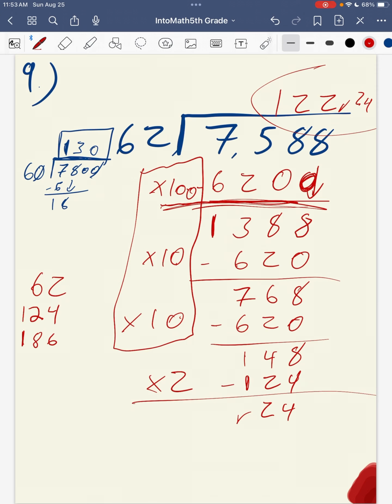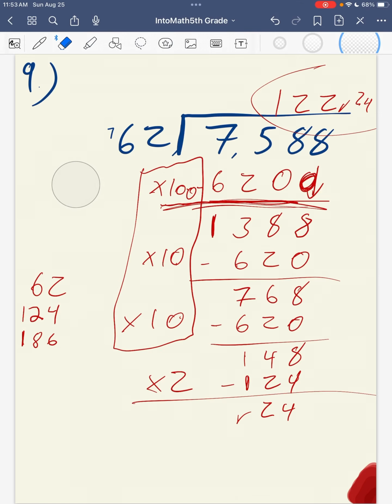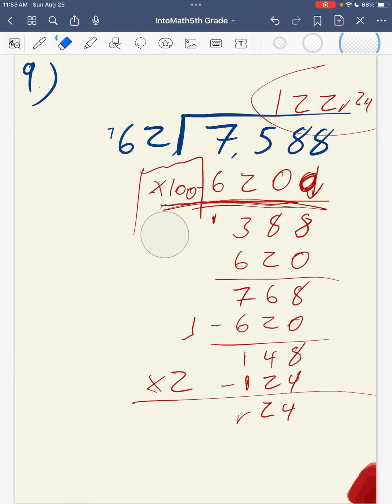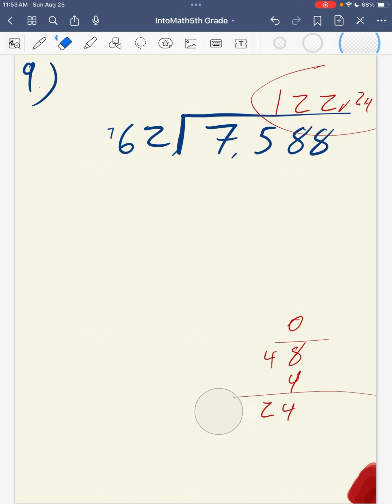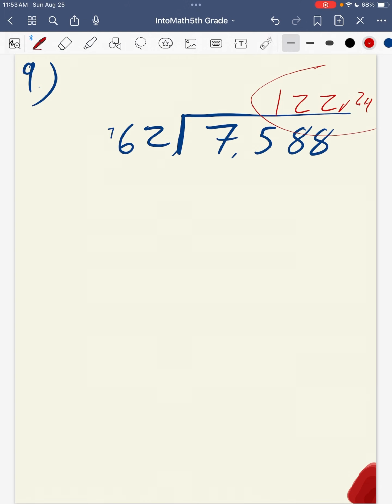Now this is our last problem, and I know I had a few hiccups trying to figure out how I could get to my estimate of 130. Now that we know that our answer is 122 with a remainder of 24, let's think about other ways in which we could go about doing this. What about my multiples?